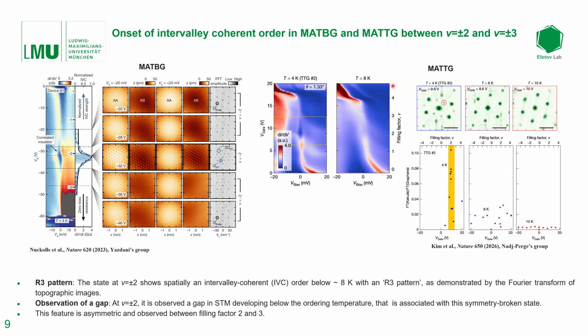Again, similar results were obtained in trilayer graphene by the Nadj-Perge group. And so it seems to be implying, in my opinion, that this gap could be reminiscent of some sort of IVC order building up around -2.